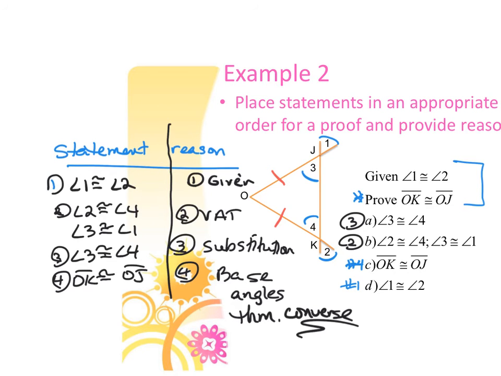Make sure if it's the converse you stated in there. If you just would have said base angles theorem, you would get it wrong. But it's the converse here because we've gotten the base angles that are congruent, so there we can show that the sides are congruent.